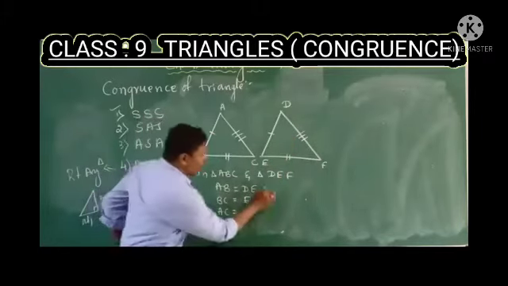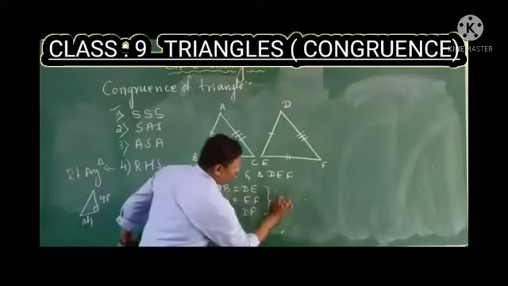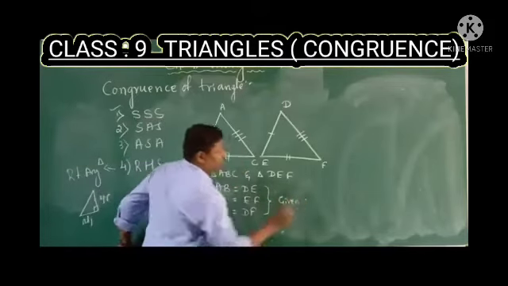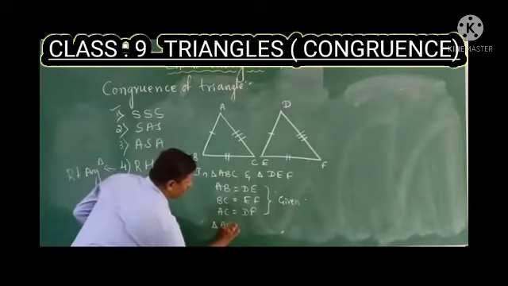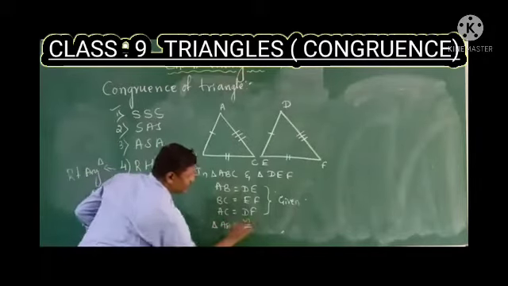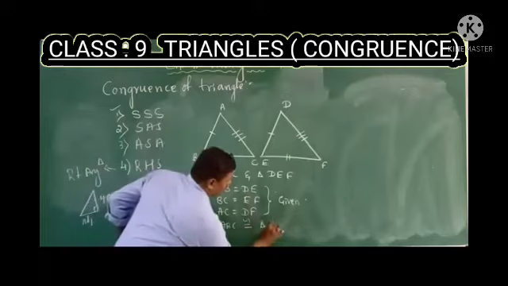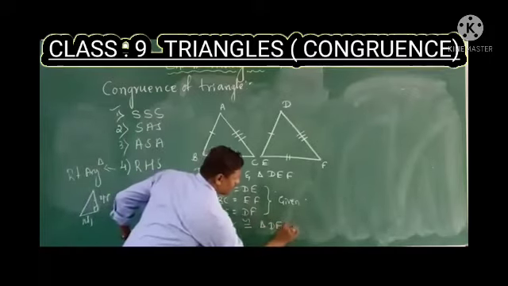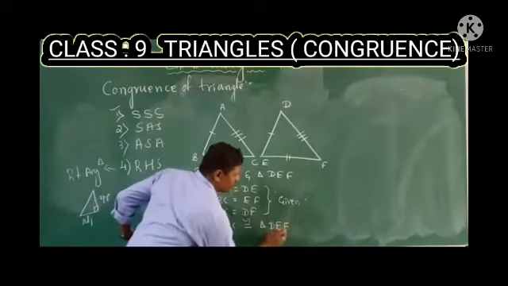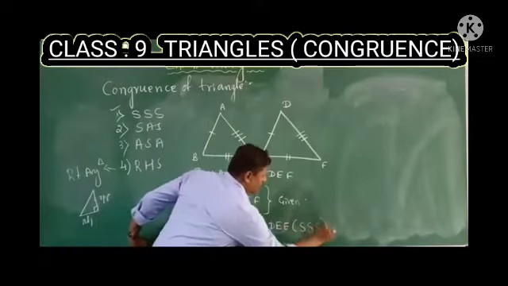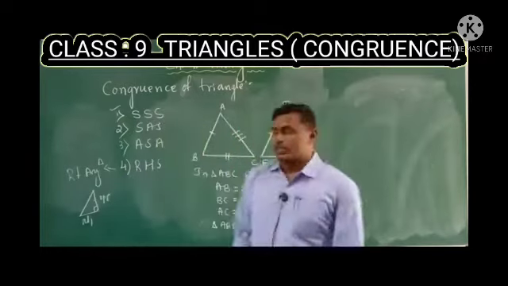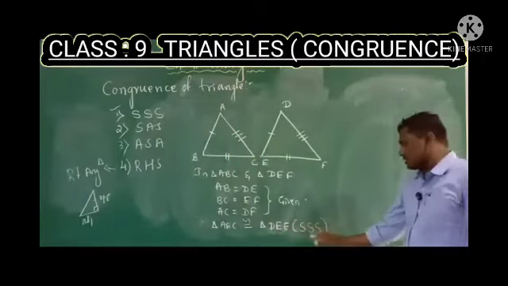So all these three are given only. Therefore, triangle ABC is congruent to triangle DEF by using the congruence criteria SSS.